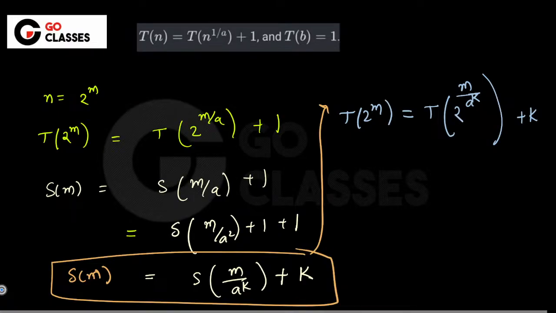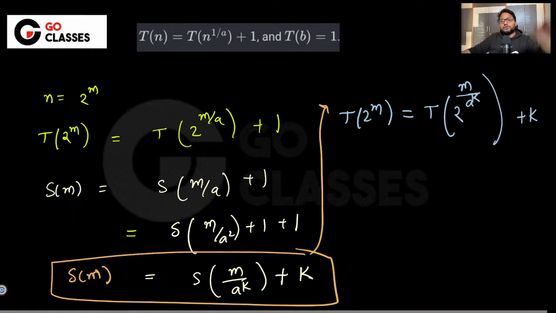So now let's solve this. We want to stop at b, so this is nothing but b, which means 2 power m upon a power k is nothing but b. From here, can you calculate the value of k?